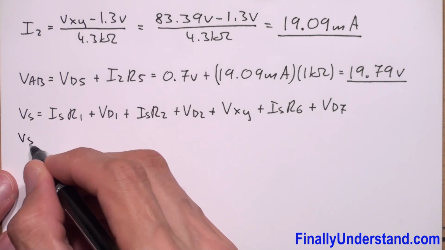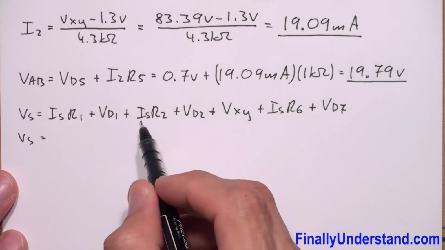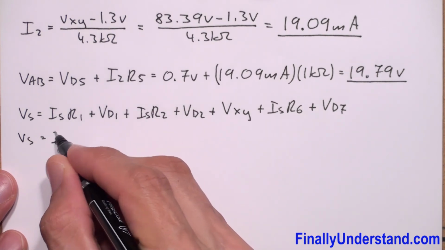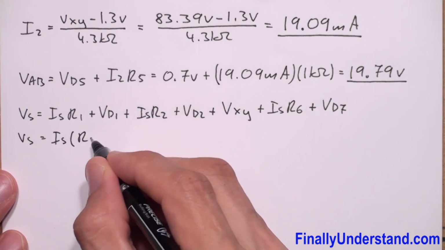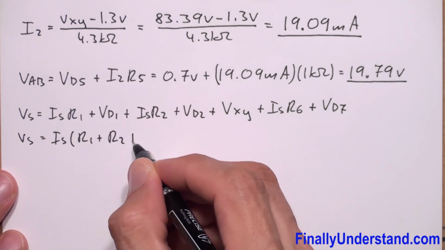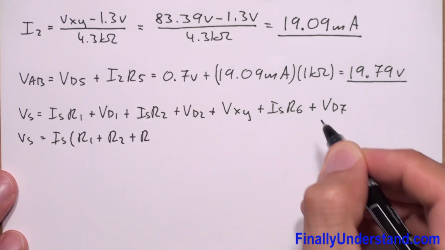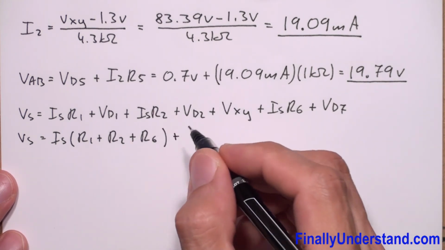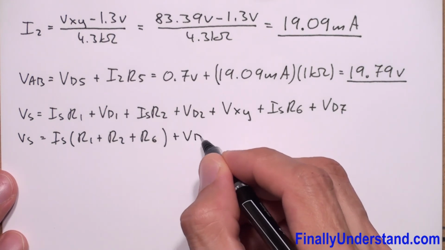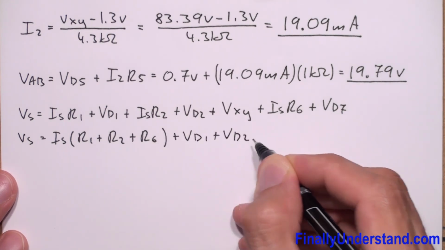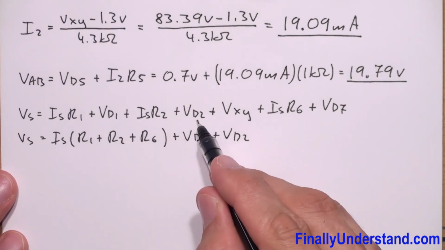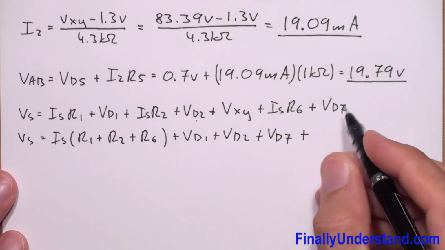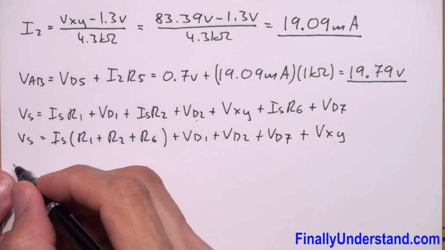I can factorize I source from these three terms and simply write I source times R1 plus R2 plus R6 plus VD1 plus VD2 plus VD7 plus VXY.